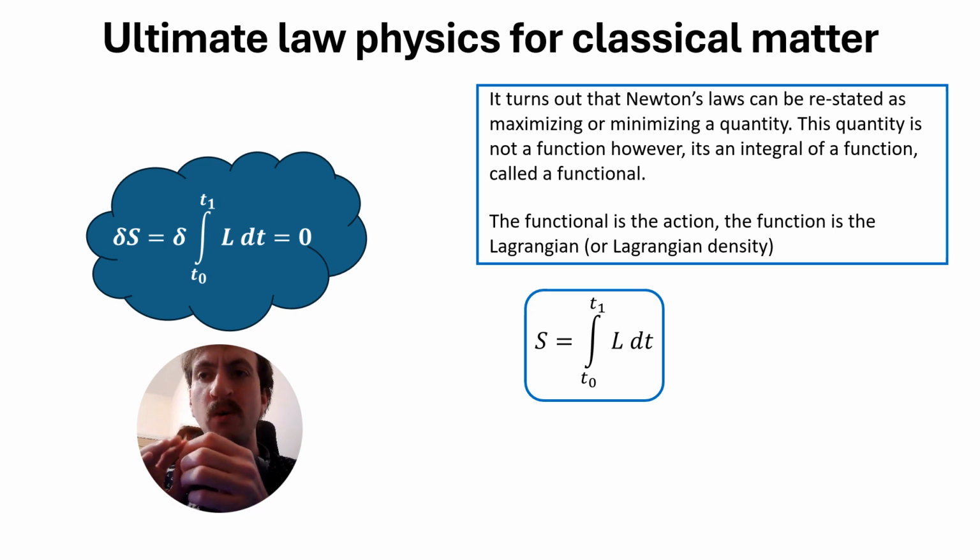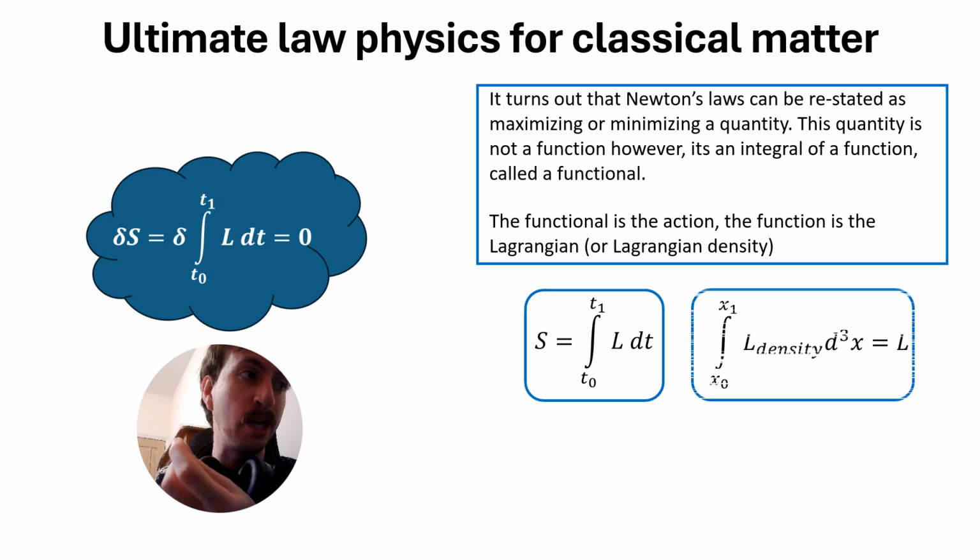However, if we've got fields, we can't really talk about the kinetic or potential energy of a field at a point, because fields are distributed across space. So we need something that will tell us about the energy density of the fields. The quantity that describes this is called the Lagrangian density.